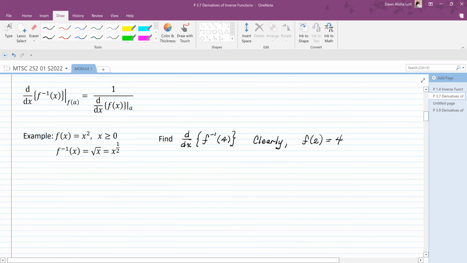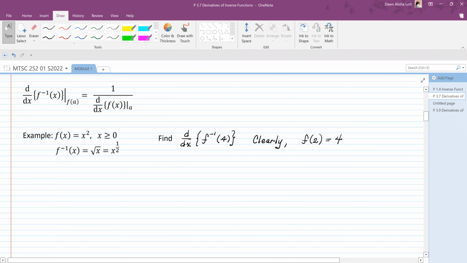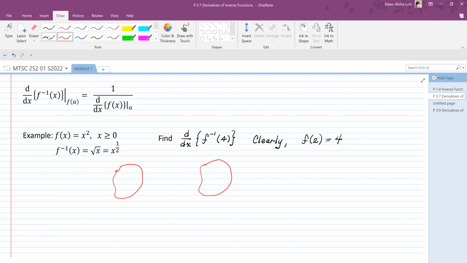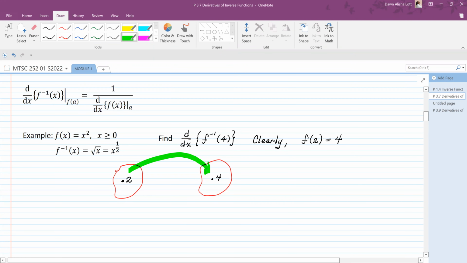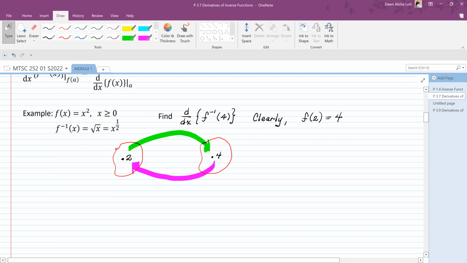So if I want to do my little pictures again, f takes 2 to 4. That means f inverse must take 4 back to 2. Well, it does. f inverse is the square root of x.